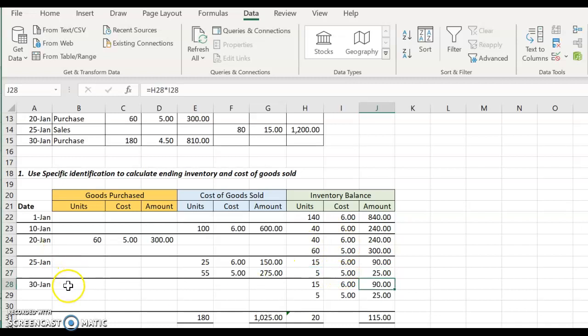All right, and then on January 30th, I purchase 180 units at $4.50. Those become part of my ending inventory.